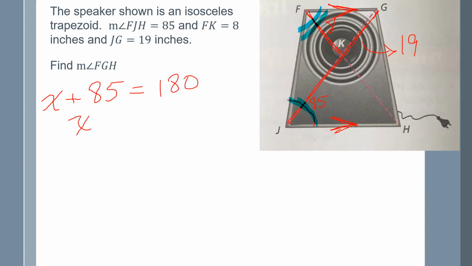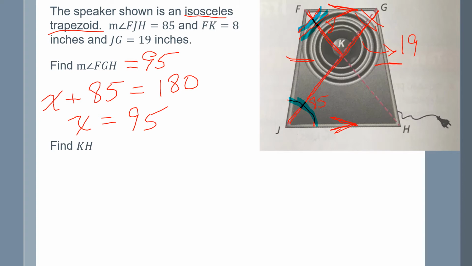So x is equal to 95. Now, since this is an isosceles trapezoid, we know that this segment here is congruent to this segment here, but we also know this angle here is congruent to this angle up here. So angle JFG is congruent to angle FGH. So the measure of angle FGH is 95.